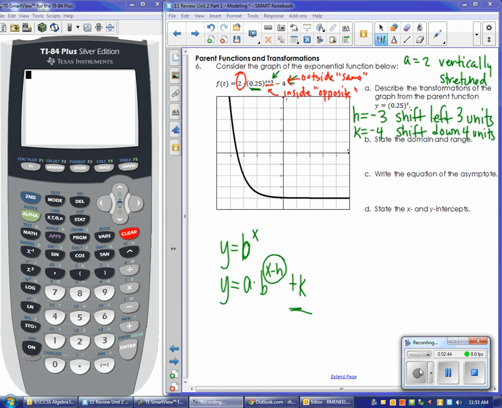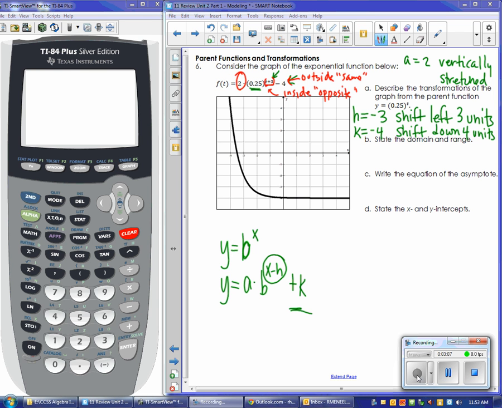So the number on the inside, the one associated with x, and remember, since this is up in the exponent, when you type it into the calculator, you're going to want to have parentheses around it. And so inside opposite, meaning inside the parentheses, we're actually shifting it in the opposite direction. That's why it's moving left. And then the 4 on the outside tells us to shift it down.